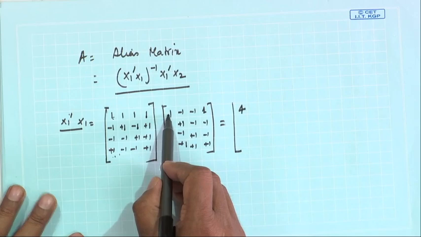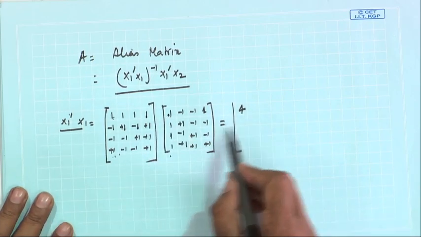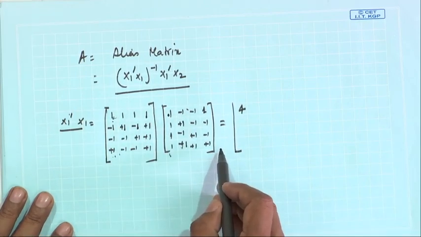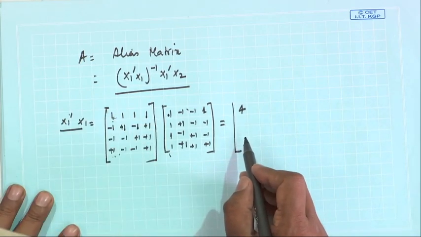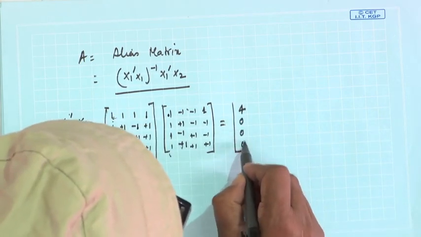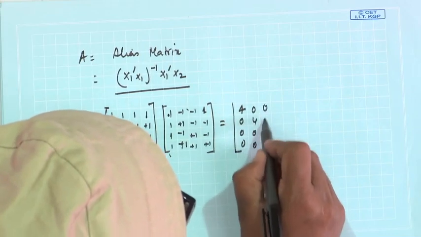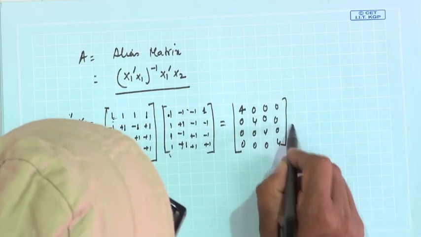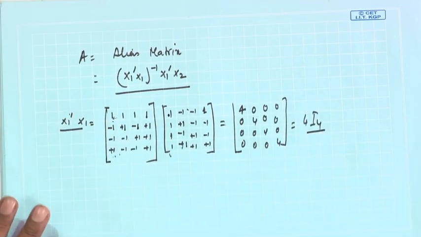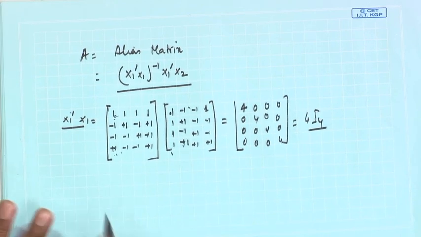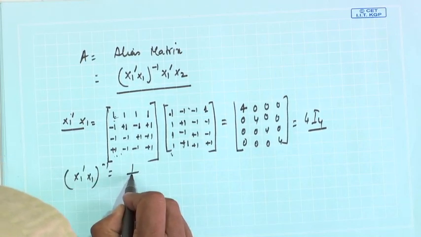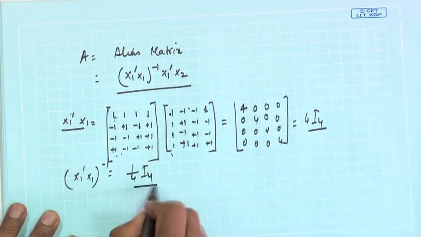This into this, then this into this, plus, and this into this, plus and minus will cancel out. So, ultimately you will get 0 0 0 4 0 0 0 0 4 0 0 0 0 4, which is 4 into I4. Okay. So, what will then be x1 transpose x1 inverse? It will be 1 by 4 I4.